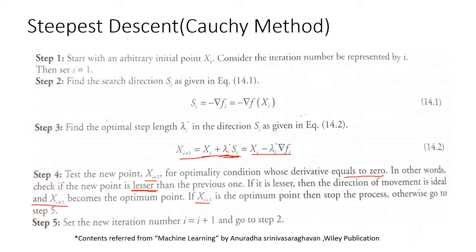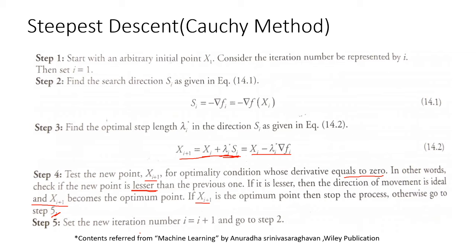Once you move a particular distance in a particular direction, we have to check whether the result has increased or decreased. If it is less, then we keep on moving in the same direction. If it is increased, again we have to go in the reverse way. Finally, we will reach the optimal solution if the results are unchanged, or if we get the optimal value equal to 0, which means we have reached our optimal point.